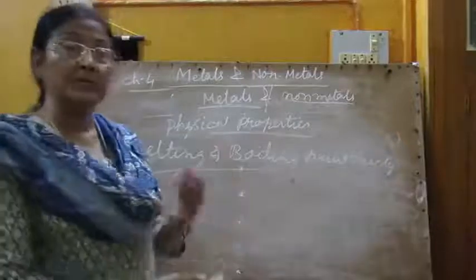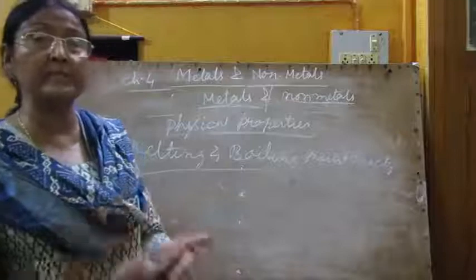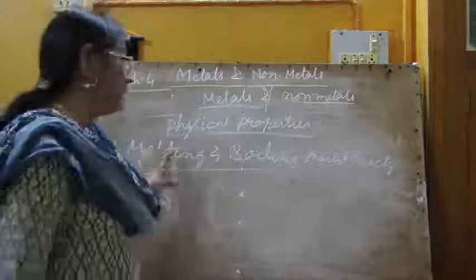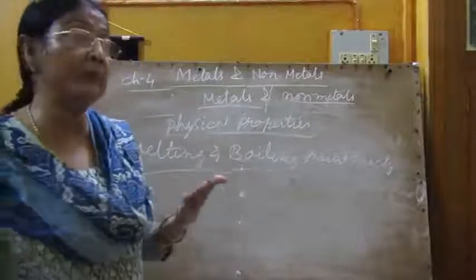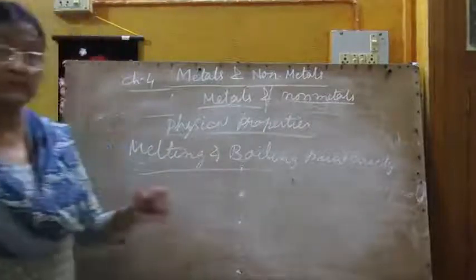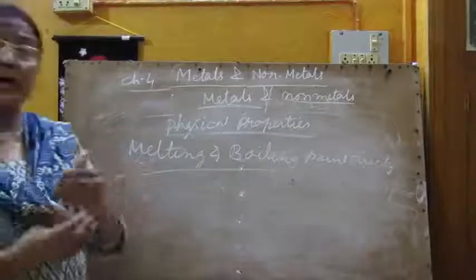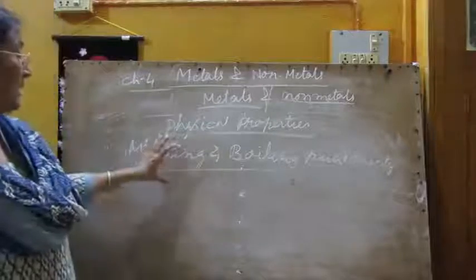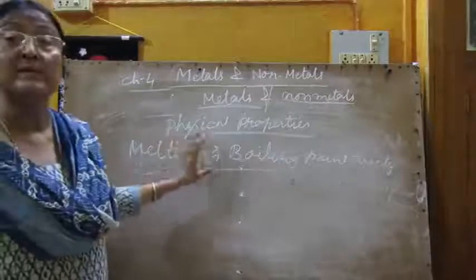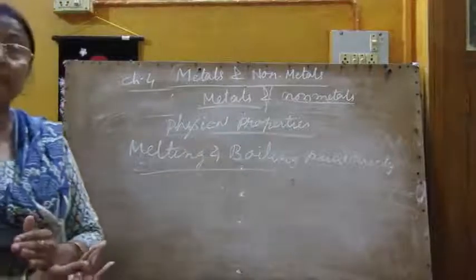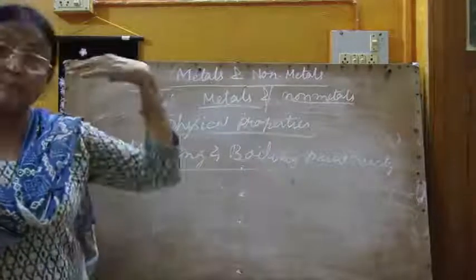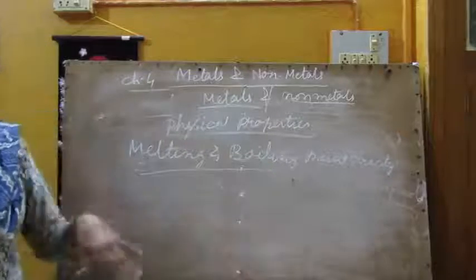Now coming to the relations with the metals and non-metals. Metals normally have a high melting point. High melting point means we can melt the metals only at high temperature.